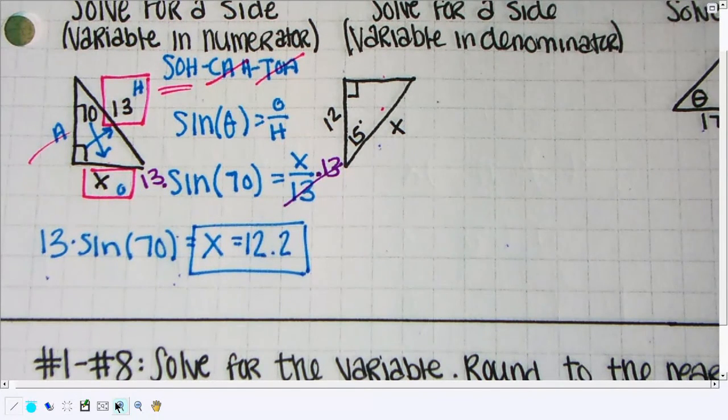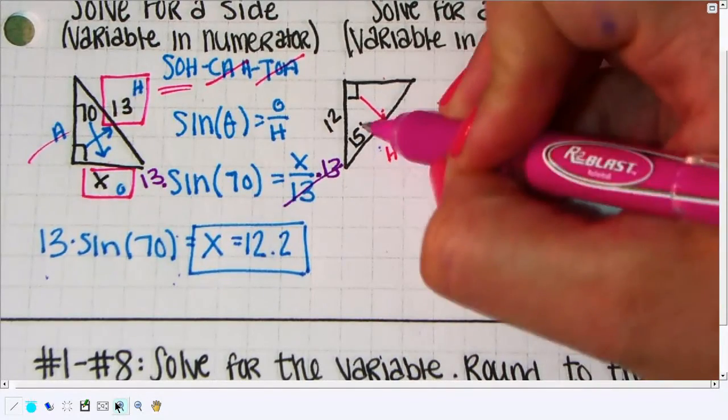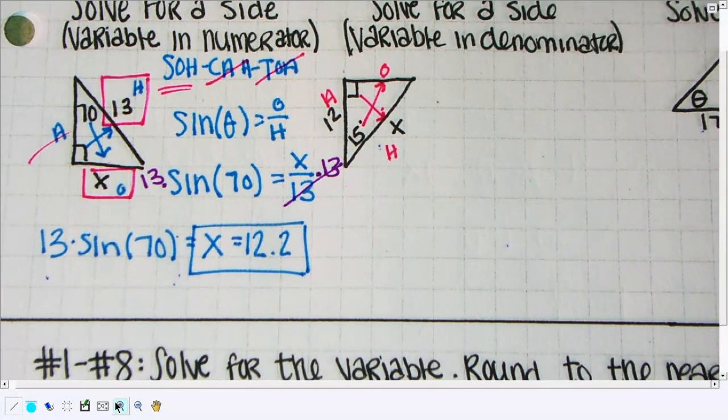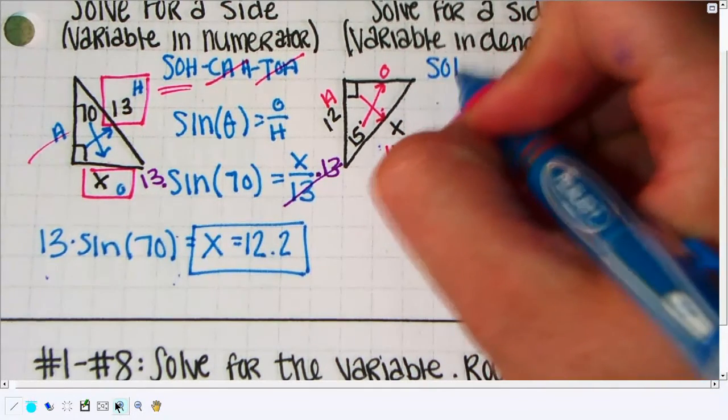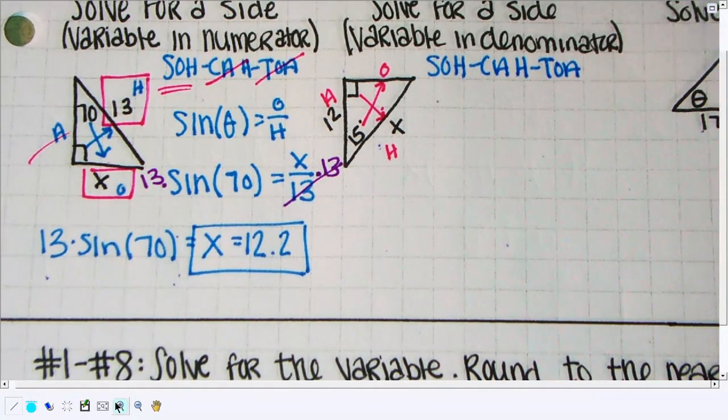All right, let's try the next one. Again, we're going to label hypotenuse first. Across the angle is opposite. What's left is A. Again, I'm using SOHCAHTOA. So I'm looking for doubles here to help me eliminate.